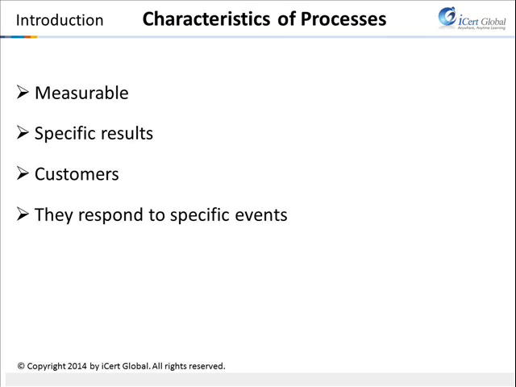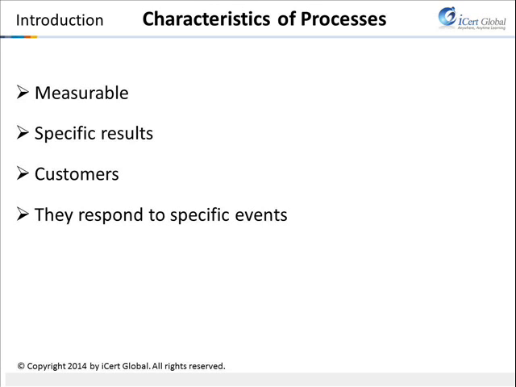Characteristics of processes. Processes have the following characteristics. Processes are measurable; we are able to measure the process in a relevant manner. It is performance driven. Managers want to measure cost, quality and other variables while practitioners are concerned with duration and productivity.